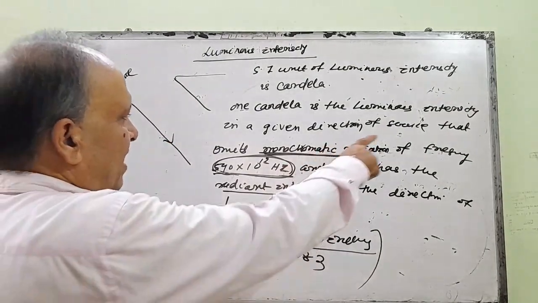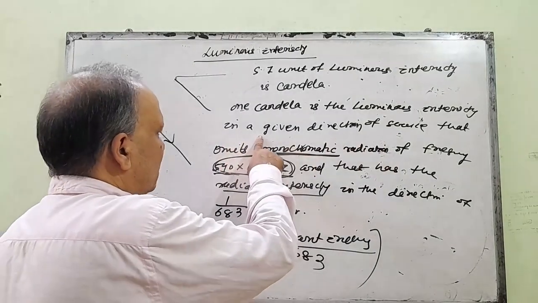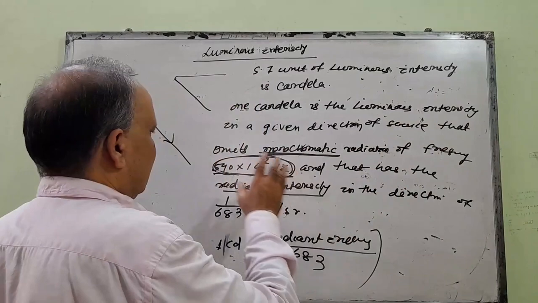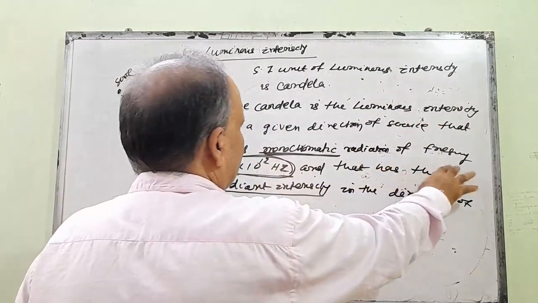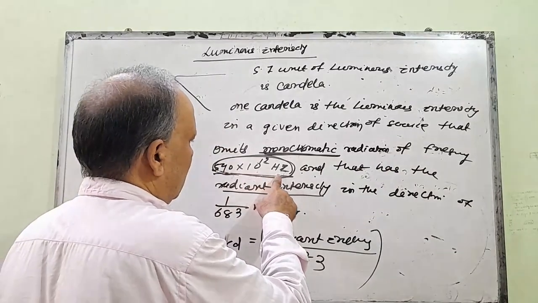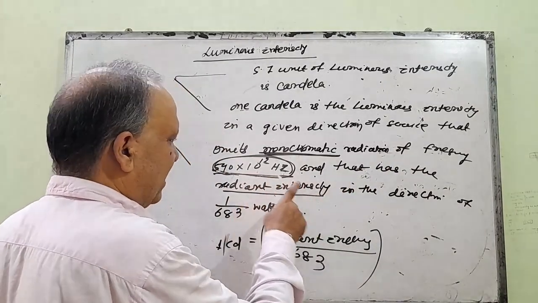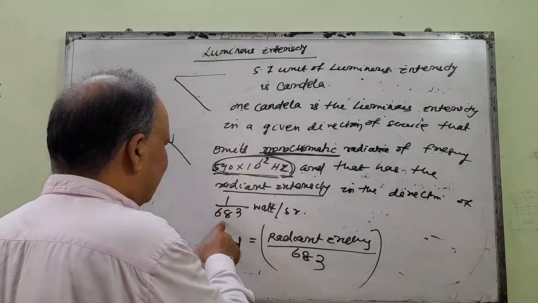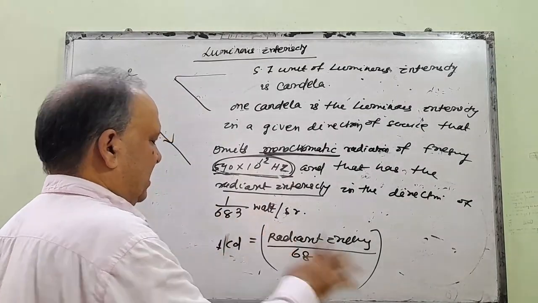So 1 candela is the luminous intensity in a given direction of a source that emits a monochromatic radiation of frequency 540 into 10 to the power 12 hertz, and that has a radiant intensity in the direction of 1 by 683 watt per steradian.